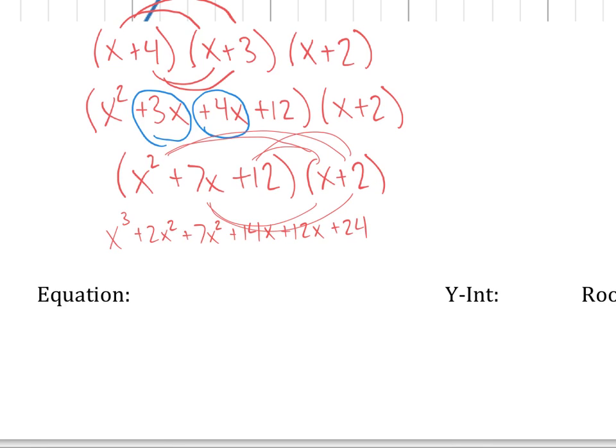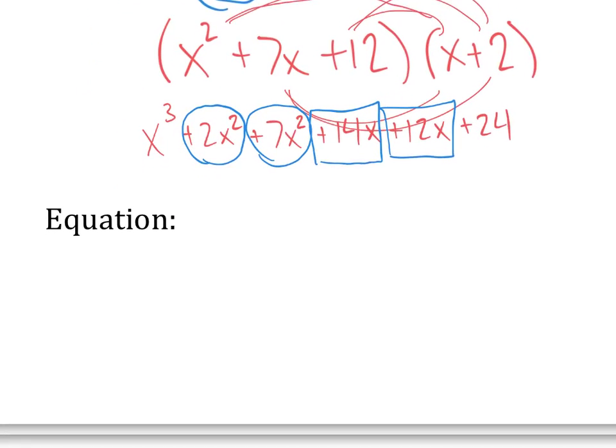Now there are some like terms we can combine, so I'm going to use circles around the like terms that have an x squared, and then I'll box the ones that are an x to the first. Combine like terms, that's going to leave me with, and I'll put my answer in this space for where the equation should go.